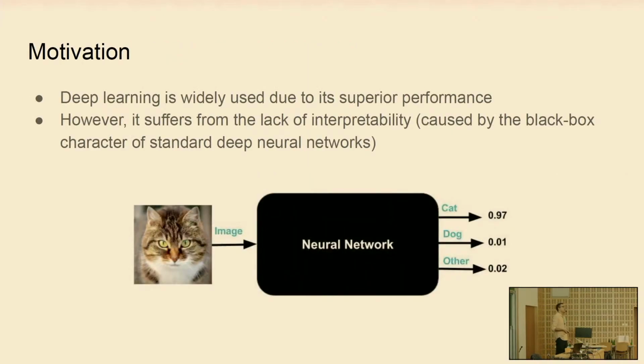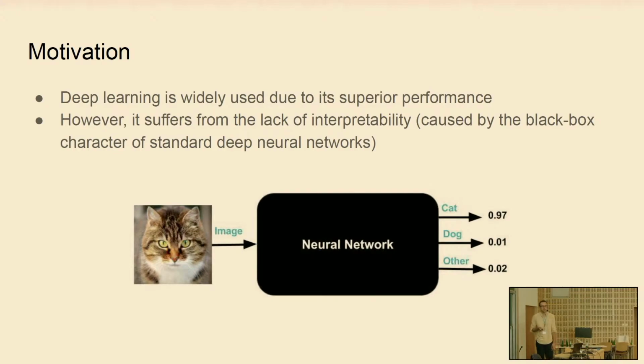So what's the motivation of explainability? The problem is that deep neural networks are black box models, right? And they return a prediction with high accuracy. However, we do not know what is the reason of the prediction, right? Is the reason good, right?